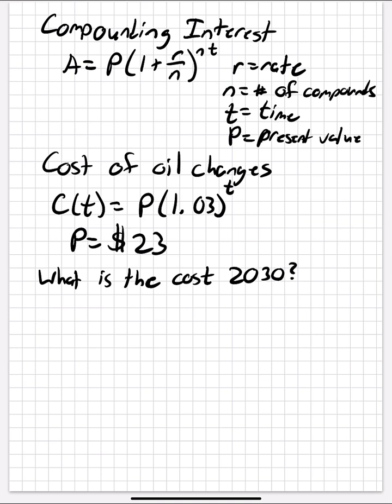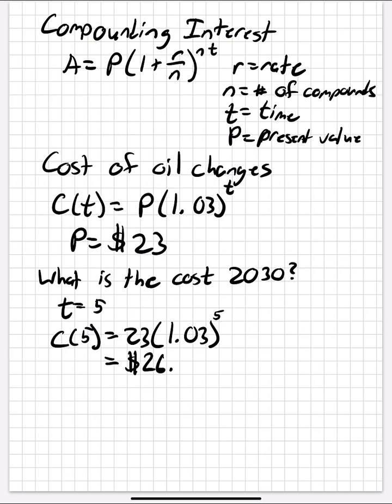Then I would want to know when t is equal to 5, what that is. So we'll say that C of 5 is equal to 23 times 1.03 to the 5th power. Plug that in the calculator, and I get that the cost of oil changes in 2030 is $26.67.